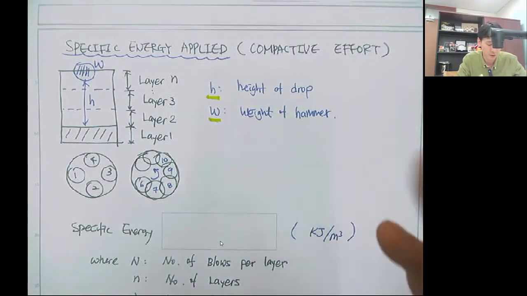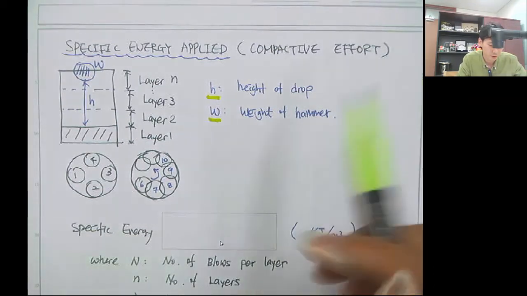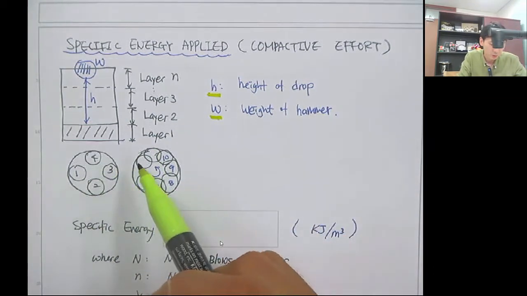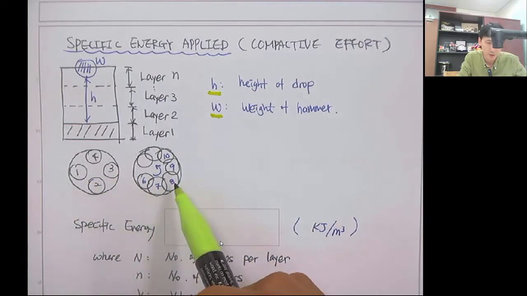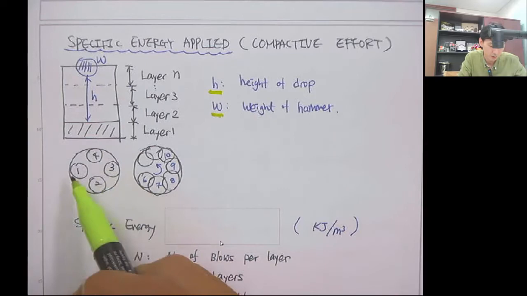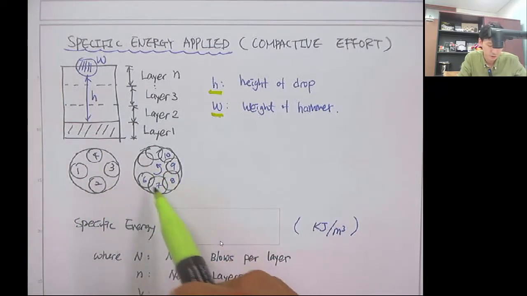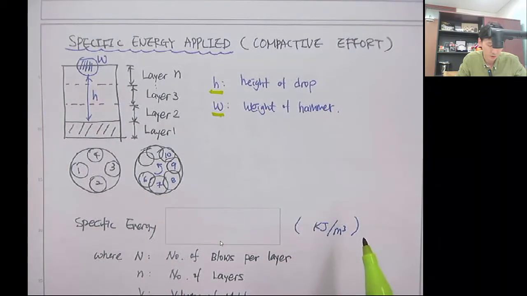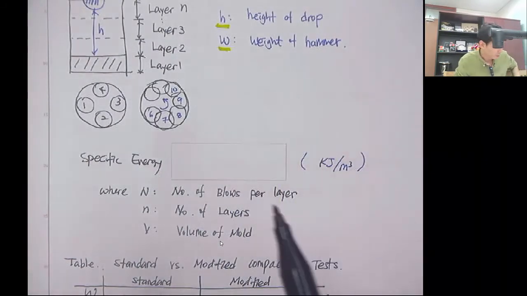Depending on the layers, you will apply different energies. Normally, when you compact in the laboratory, you apply the hammer in these kinds of sequences. So you apply in each direction, and then you just go circular and make it flat.